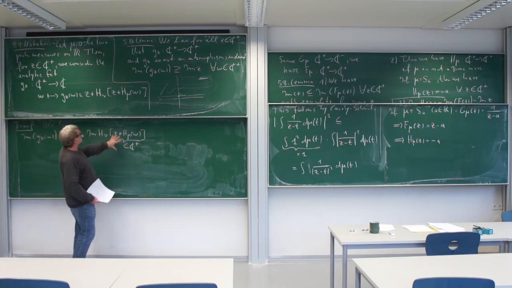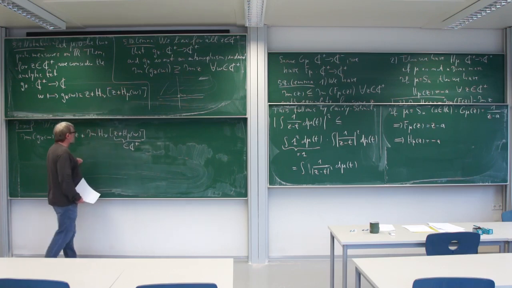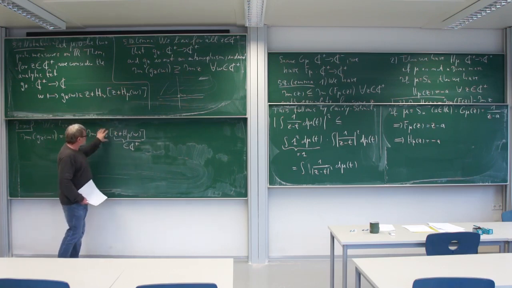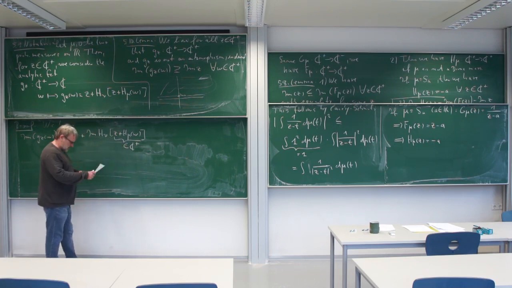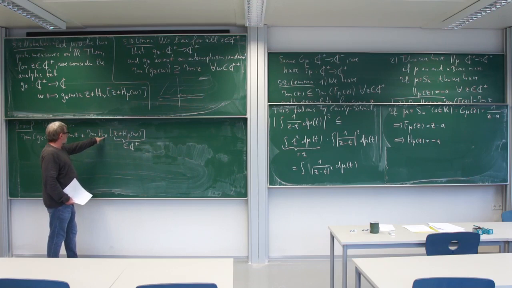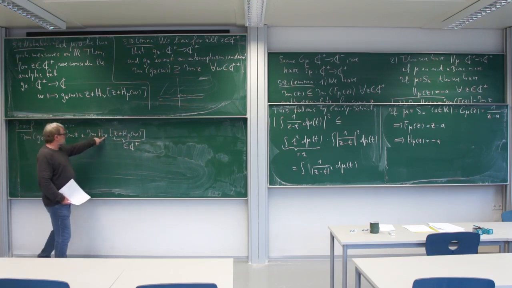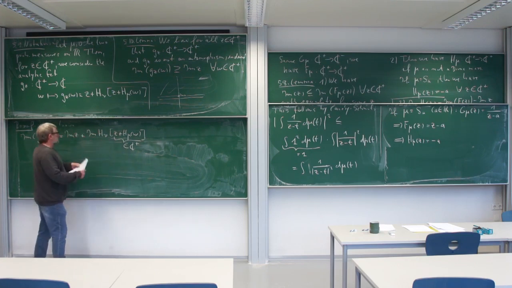So this is something one should think about, to see that this really is well defined as a function in all of C plus. Okay, but this is in C plus. And again, we know for H_nu the imaginary part of this is greater or equal than 0. Again, generally it is greater than 0. In the case of the Dirac mass, it could be on the real line, but it doesn't matter.